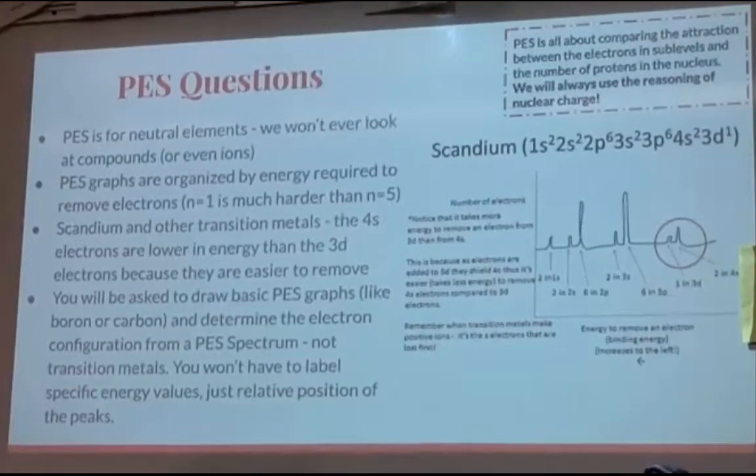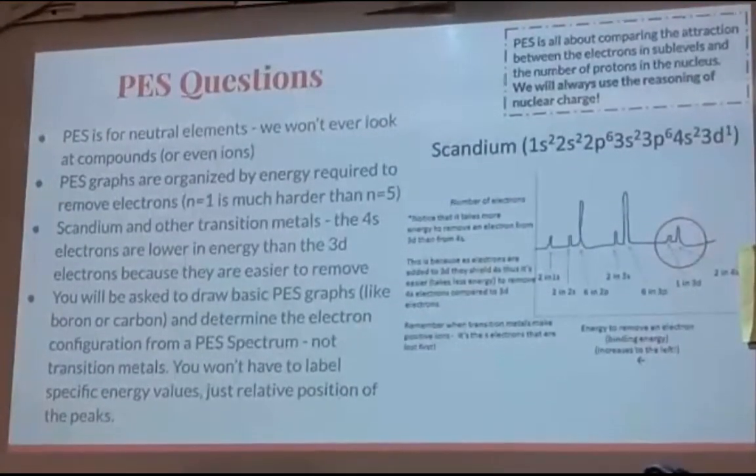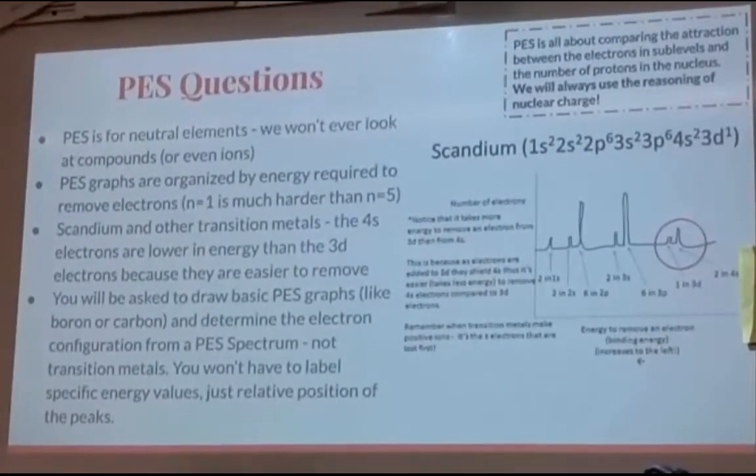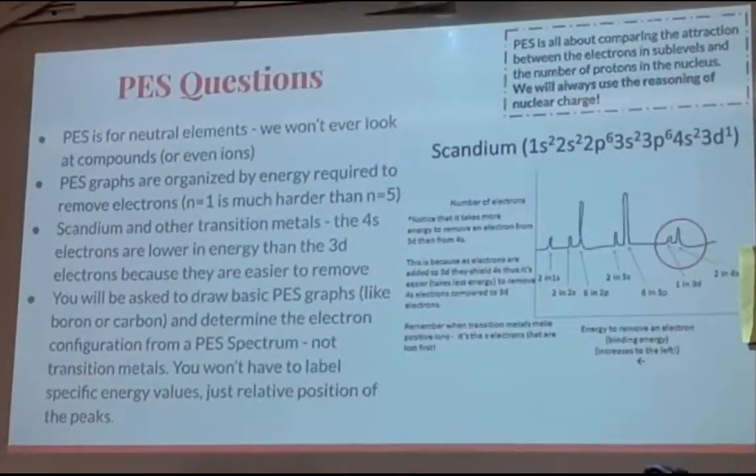So we're always going to be using the reasoning of nuclear charge, especially when we get to multiple choice questions regarding PES. This is something that College Board decided to put into the curriculum a few years ago, and I've seen a couple free response questions, but there are always lots of multiple choice questions that are related to PES.